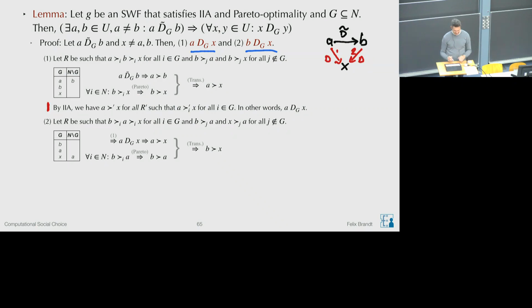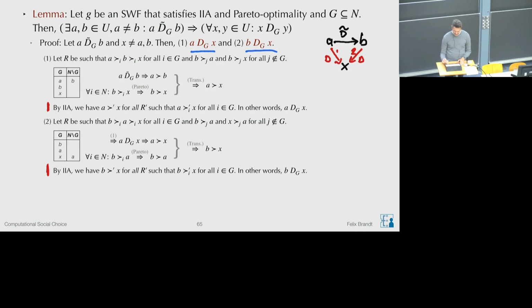So any profile in which B is over X for the voters in G, the collective relation has to be B over X. So by IIA again, crucial step, we have that for all profiles in which everybody in G prefers B to X, B is also collectively preferred to X. And this is exactly the definition of G being decisive for B against X. So whenever those guys here prefer B to X, in the collective relation it also has to be preferred to X. That proves the second statement here.